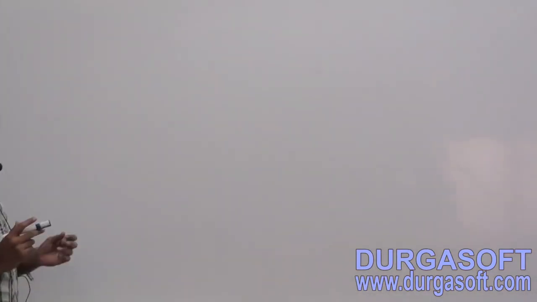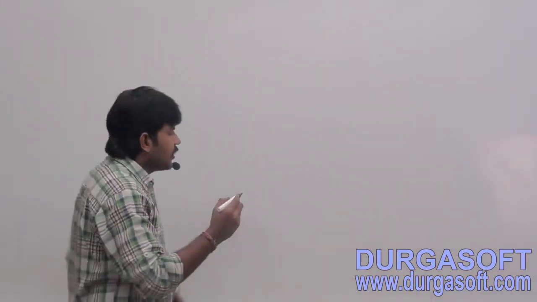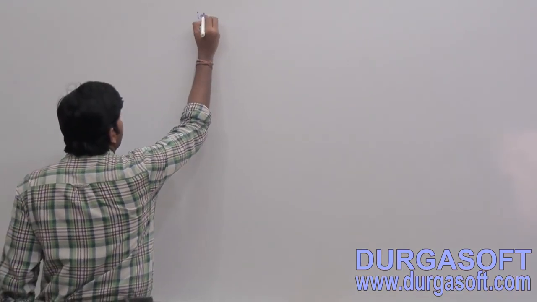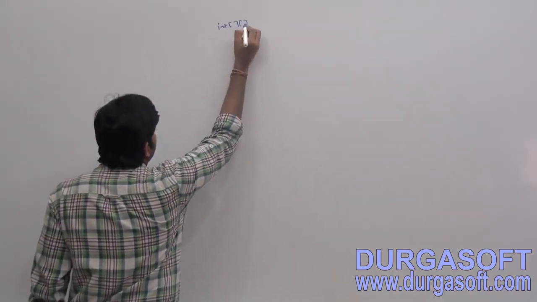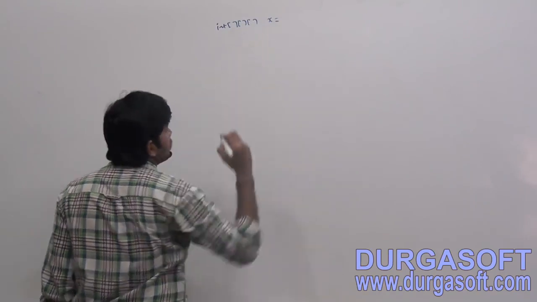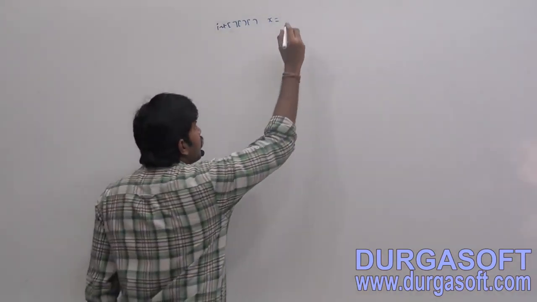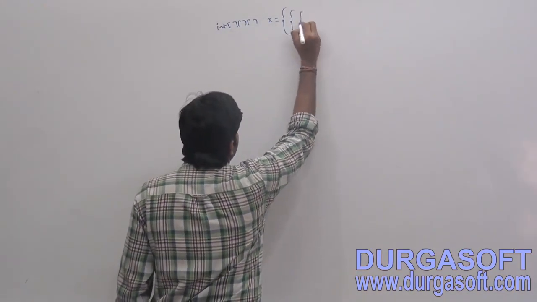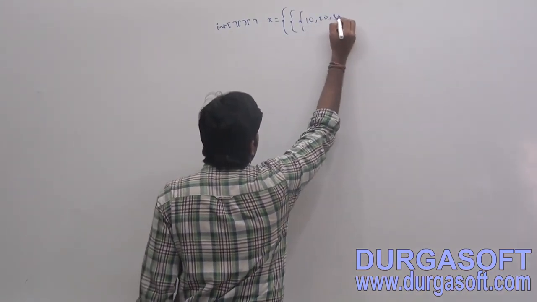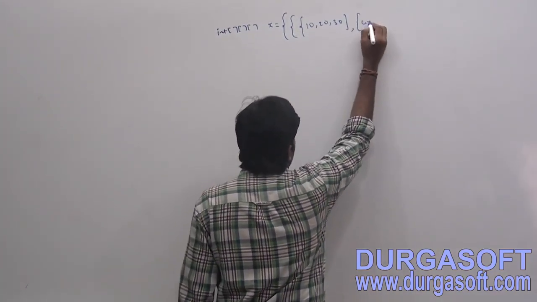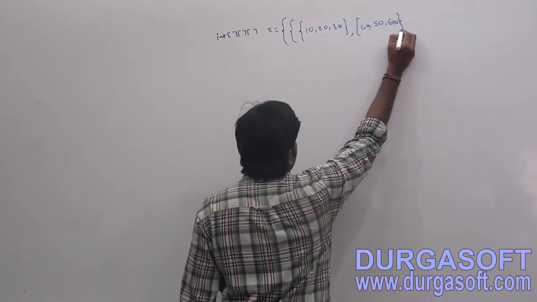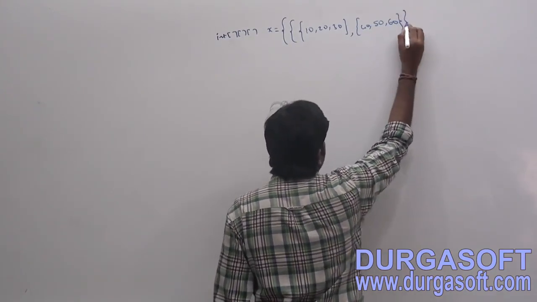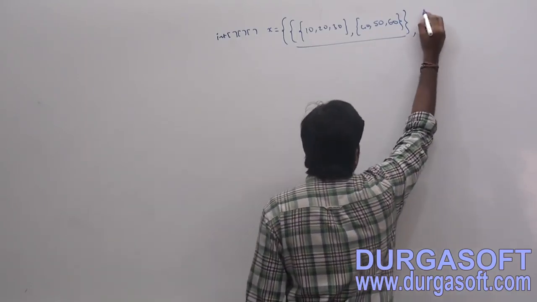So the next terminology. From this area, what kind of question is possible to ask? Here I am taking a 3-dimensional array. So here 10, 20, 30, and 40, 50, 60, the first 2-dimensional array.